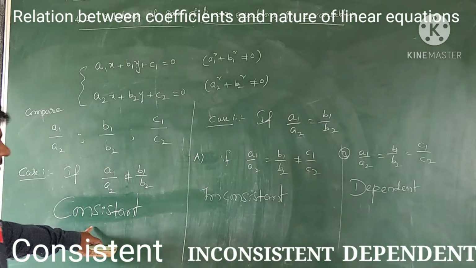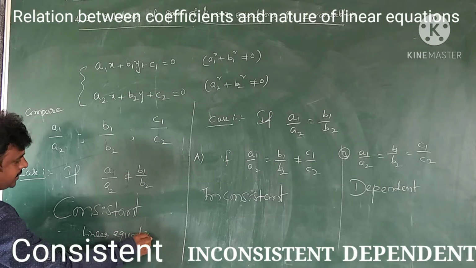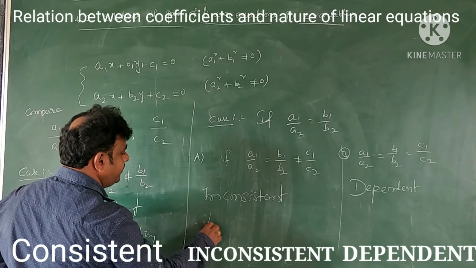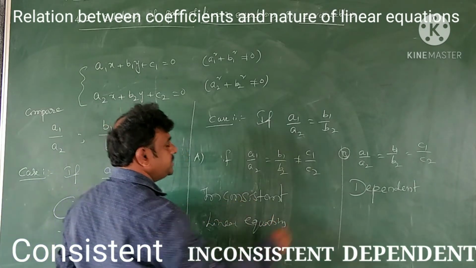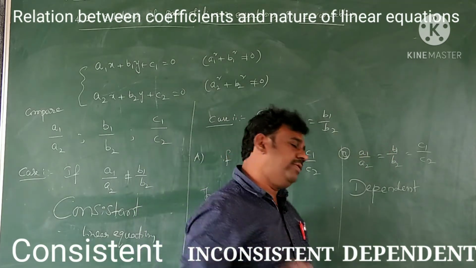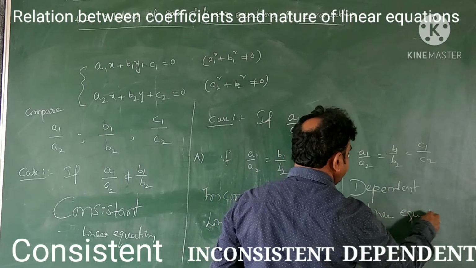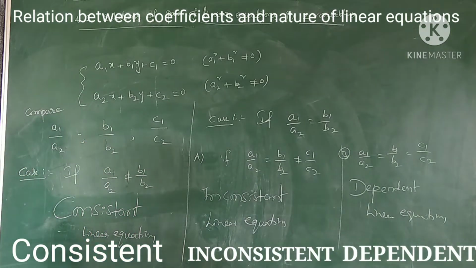This is a consistent pair of linear equations. These are inconsistent pair of linear equations. Students, if a1/a2, b1/b2, c1/c2 are all equal, these are a pair of dependent linear equations.